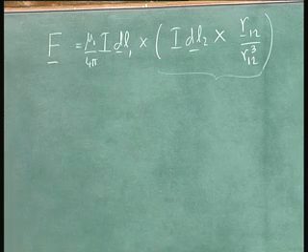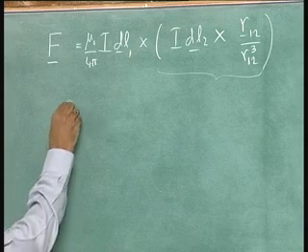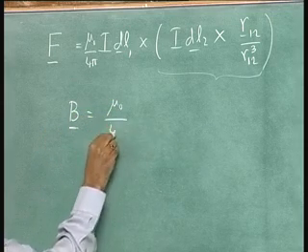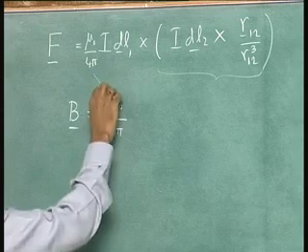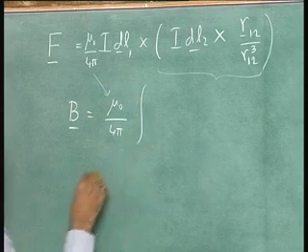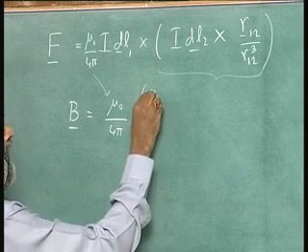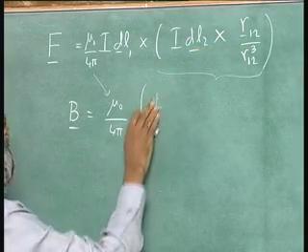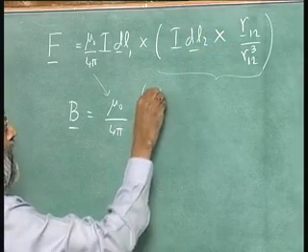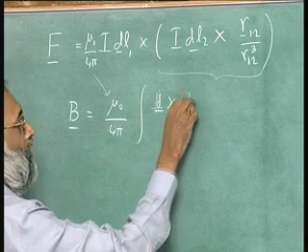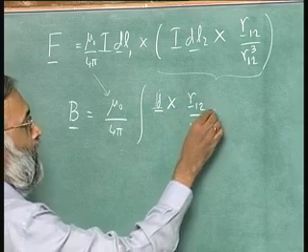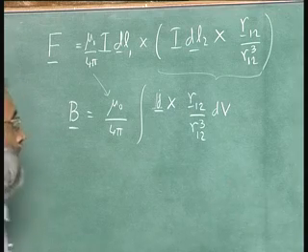We identified this with the magnetic field, and so we defined something called the magnetic field, which was mu naught over 4 pi, the constant came in, integral over all space, this I dl times dA became a j cross r12 over r12 cubed dV.